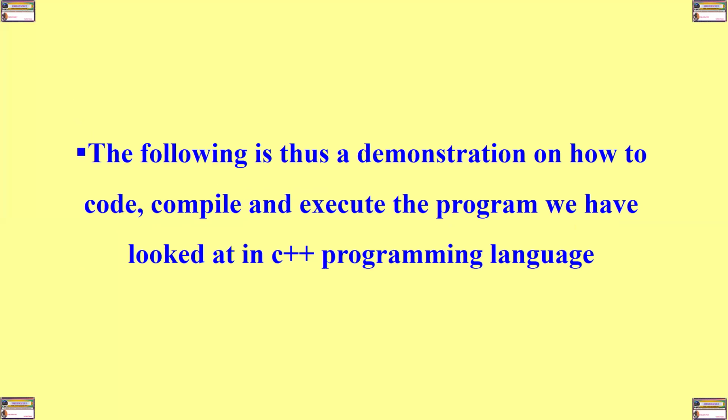So the following is therefore a demonstration on how to code, compile, and execute the program that we have looked at in the C++ programming language. So simply, we are going to open our C++ editor and type the program just as we have done for the other section.